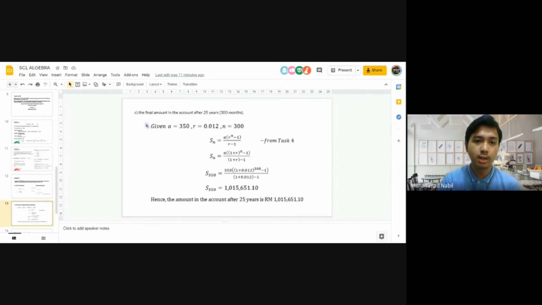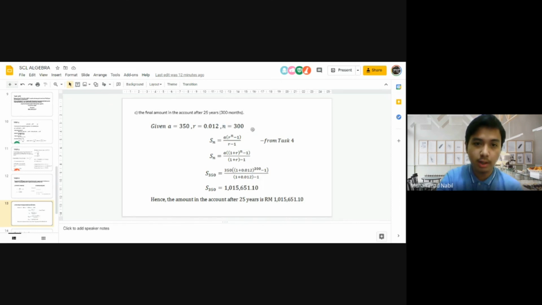Next, the final task is the final amount in the account after 25 years, which is 300 months. The given first term is 350 ringgit, R we got is 0.012, and N is 300 months.